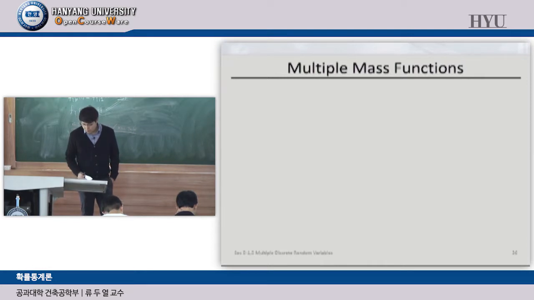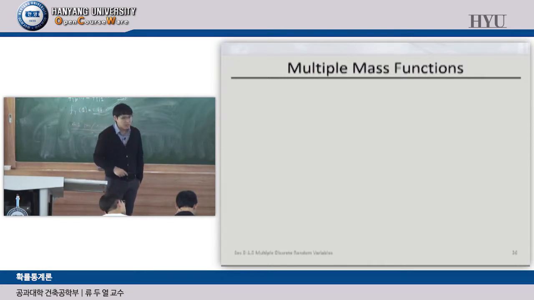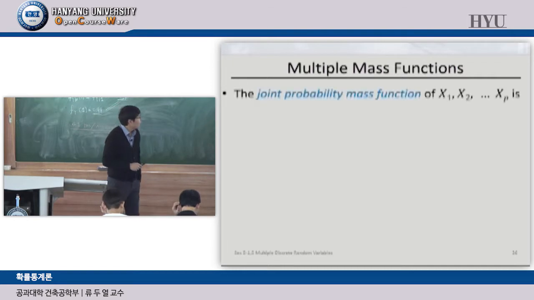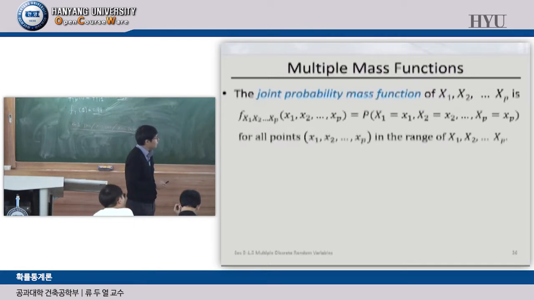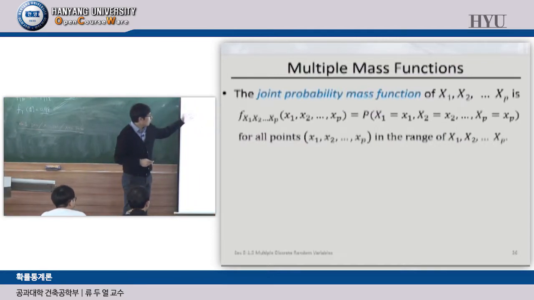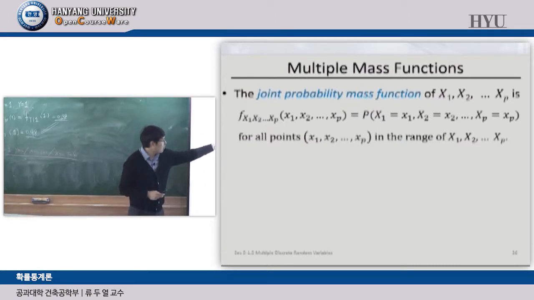And first, we have to know about what the multiple mass function is, right? The joint probability mass function of x1, x2, up to xp is expressed by the following equation. The joint probability mass function of x1, x2, up to xp is equal to the probability of X1 equals small x1, comma, X2 equals small x2, comma, up to Xp equals small xp.